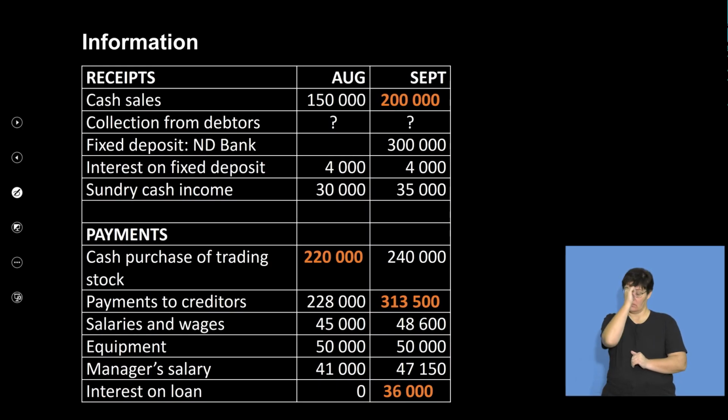Okay, so here we go. Let's look at the information. You have the salaries and wages component. Let's firstly isolate it. Step number 1, look at the salary for September, which is 48,600. Compare it to the previous month, which was 45,000.